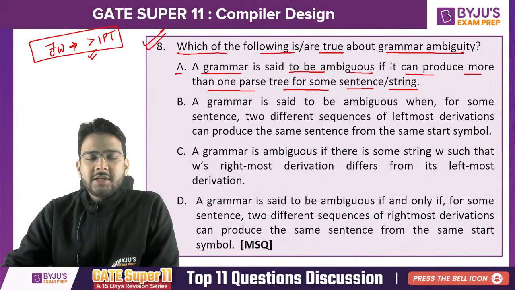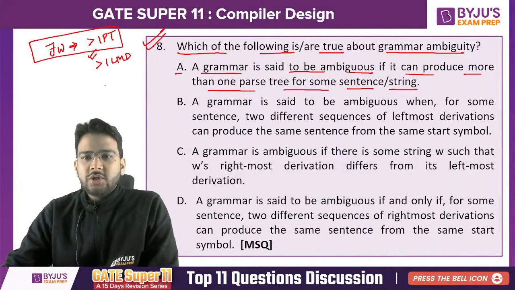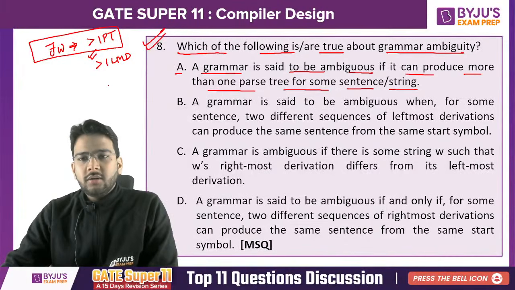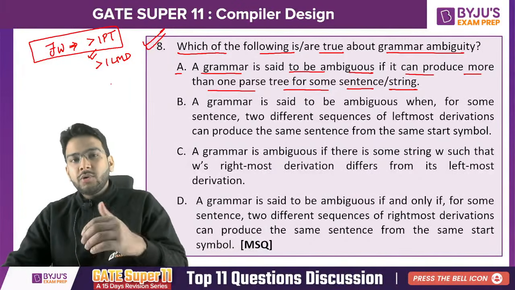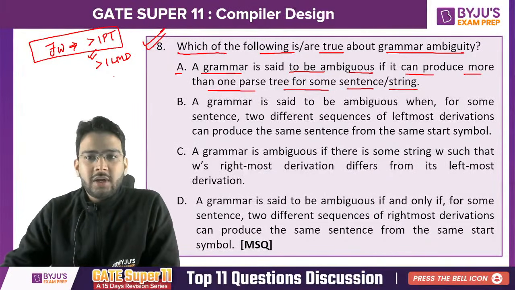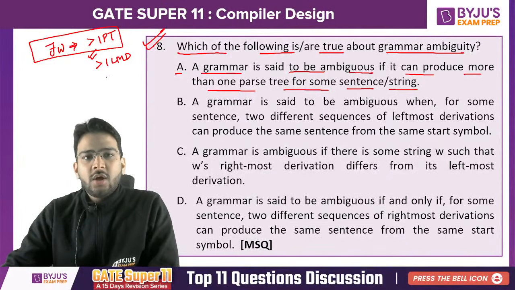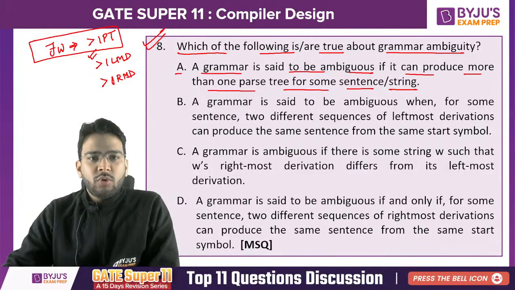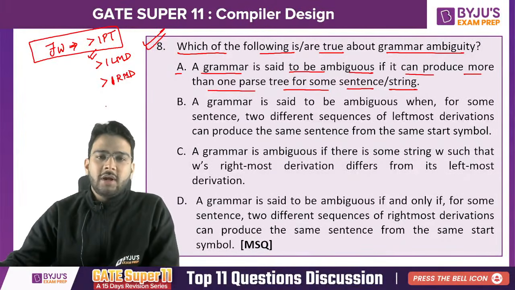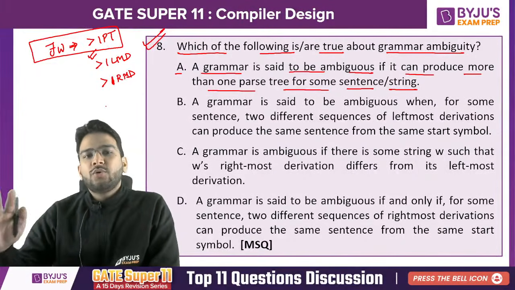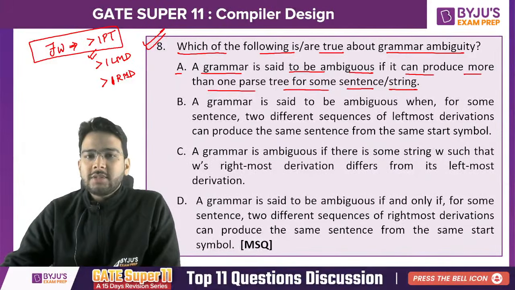Similarly, if there exists at least one string for which you get more than one LMD, leftmost derivation, or more than one RMD, rightmost derivation, for the same string, then also you can say the grammar is ambiguous. So option A is definitely correct.